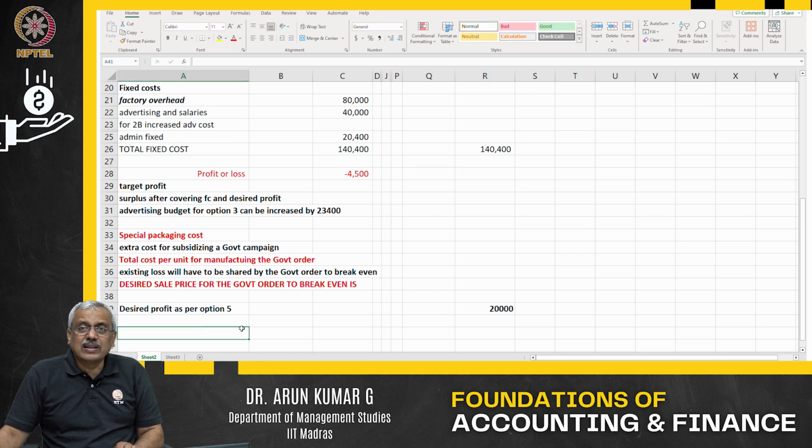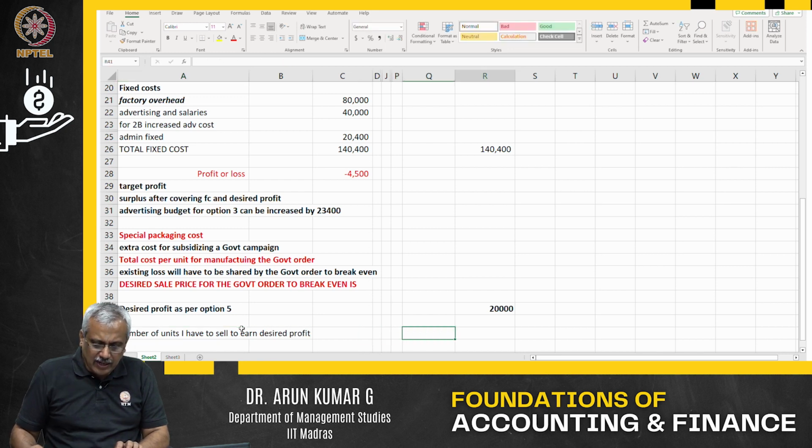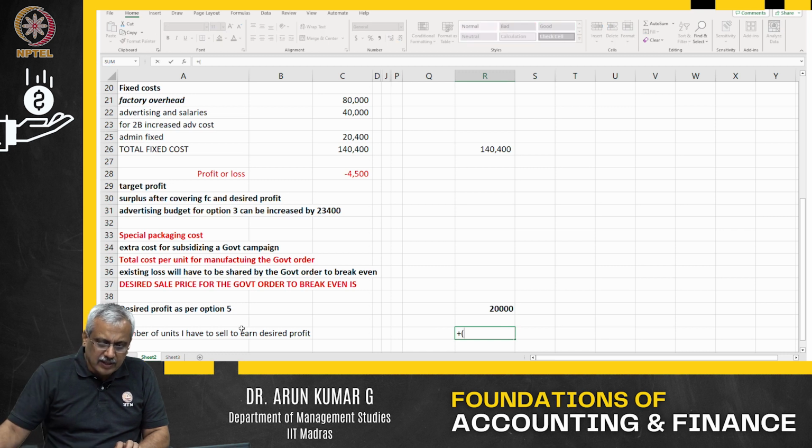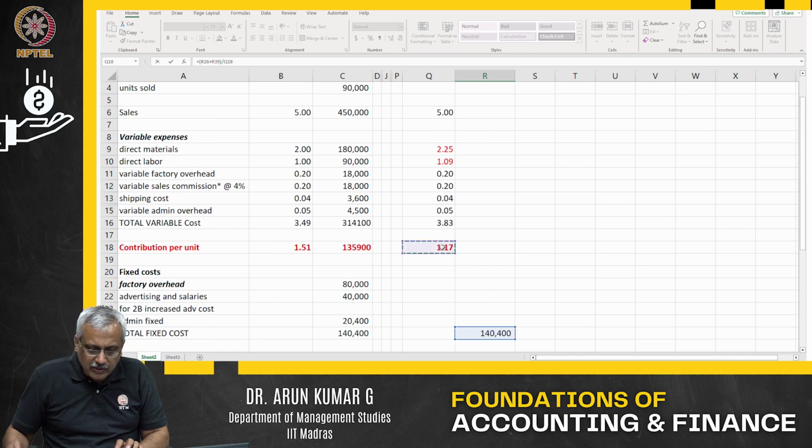What is the number of units I have to sell to earn the desired profit? It is the fixed cost, 140,400, plus the desired profit, 20,000, divided by my contribution per unit.